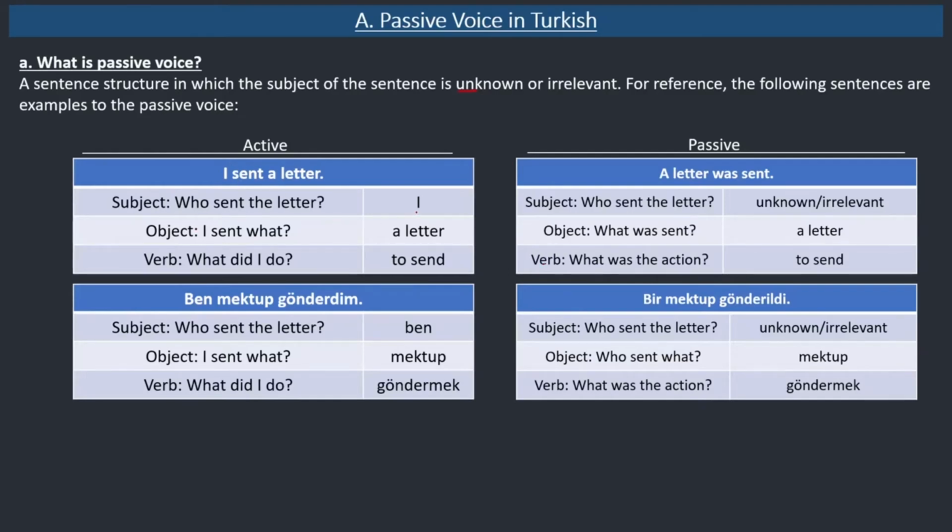Who? I did it. And if you take a look at the Turkish parts, ben mektup gönderdim. I letter sent. And then in the passive voice, a letter was sent. This il suffix here is our passive voice. So göndermek, mektup, and again, the doer is irrelevant or unknown. We don't know who.